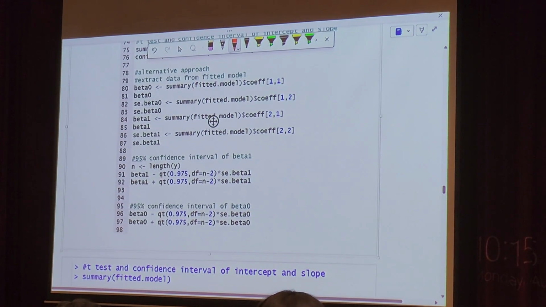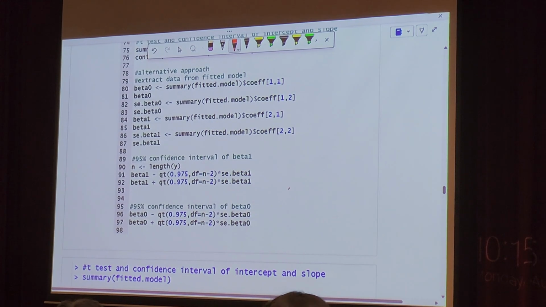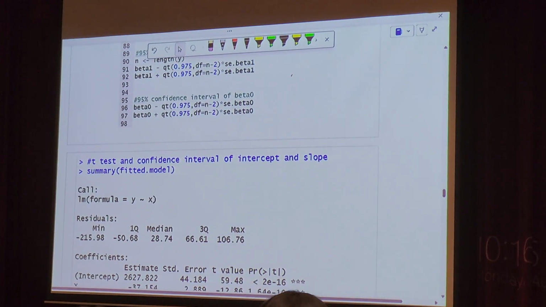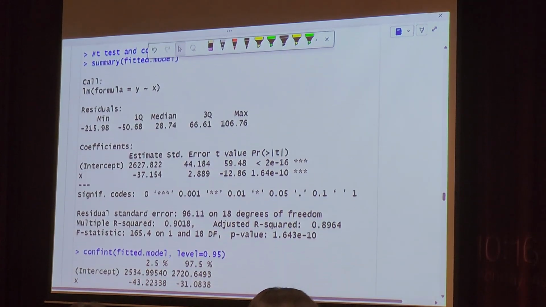I mean, not by hand, but to do it not using any function, but to go through some steps. You might want to try this, instead of relying on the two functions to get your confidence interval.